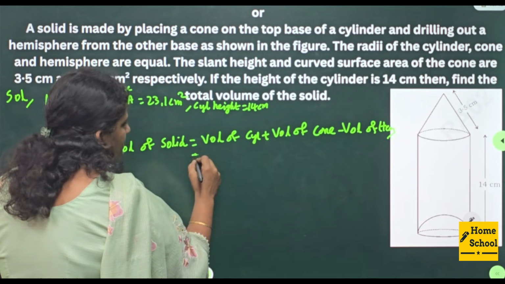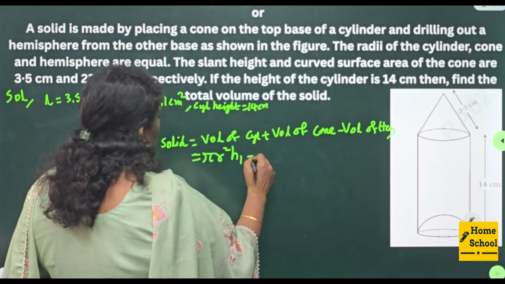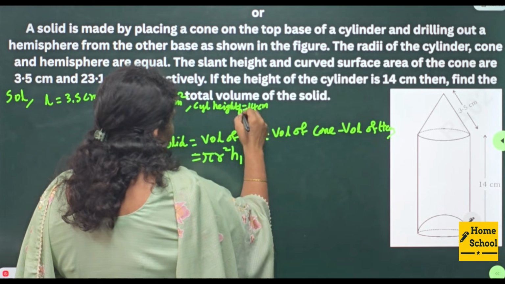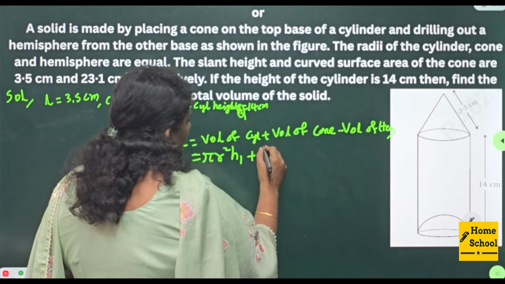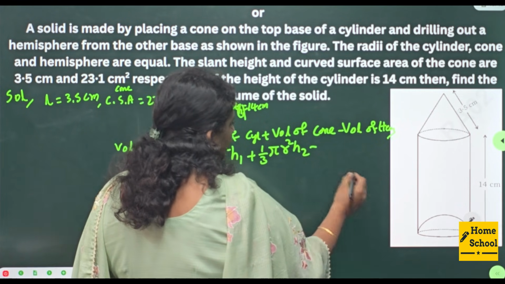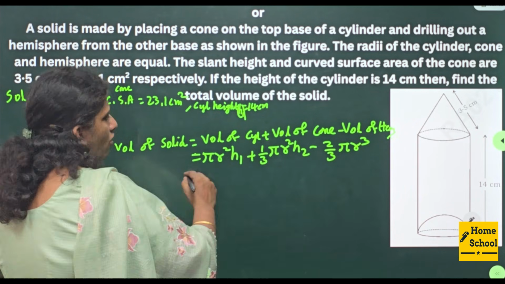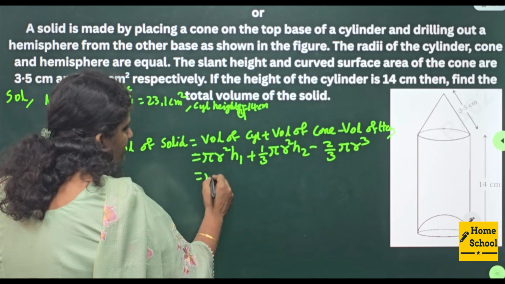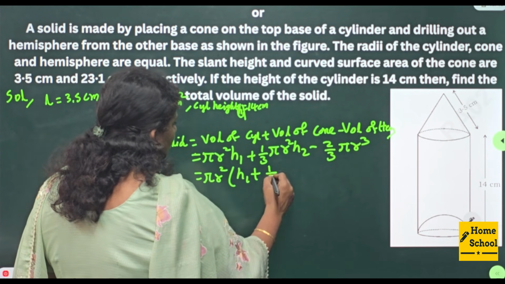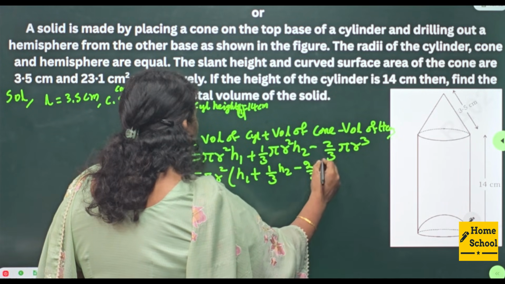Volume of cylinder is pi r square h1, plus volume of cone 1 by 3 pi r square h2, minus volume of hemisphere 2 by 3 pi r cube. Pi r square is common, so take it out: h1 plus 1 by 3 into h2 minus 2 by 3 into r.